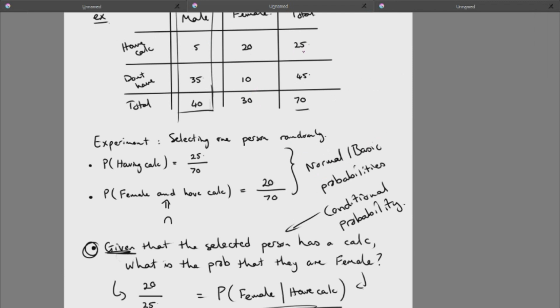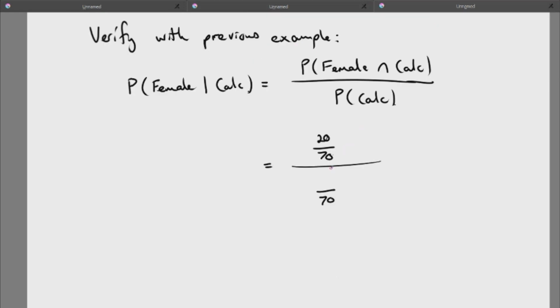Right? Because that's the only requirement I need to meet, 25. And then when you calculate that, you'll see it is the same as this.